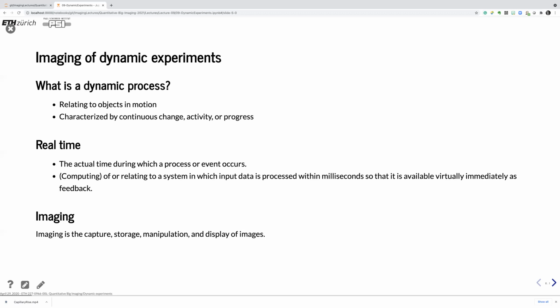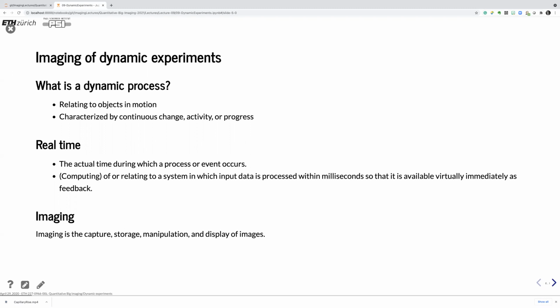I'm not talking about doing the analysis in real time, meaning in one moment you acquire the image and next moment you have the result. That would be nice, but it's mostly not realistic.